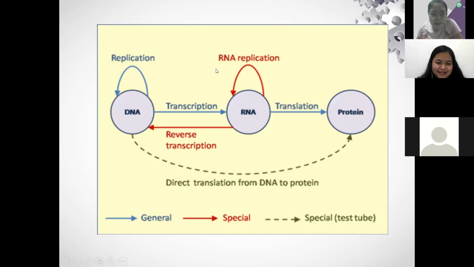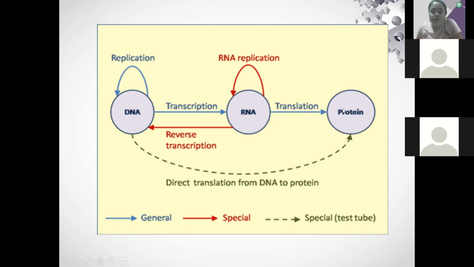This is our process. So again, we have here the DNA that can undergo replication to have more copies of our genetic material. And then, again, mag-undergo siya ng transcription to produce the RNA. Though RNA is also capable of producing or copying its own strand, we also call that RNA replication.